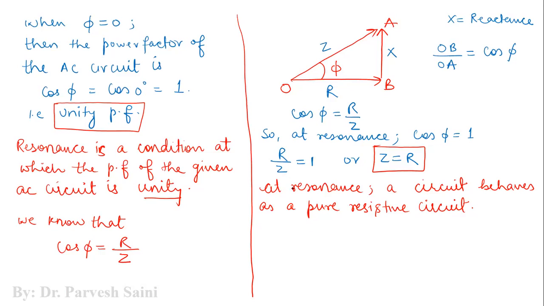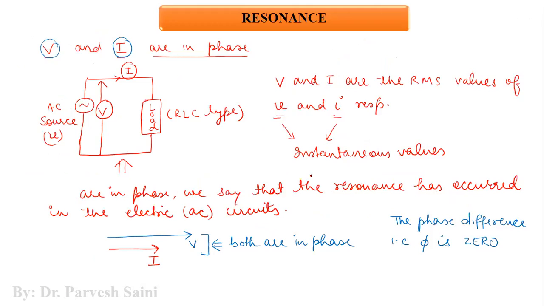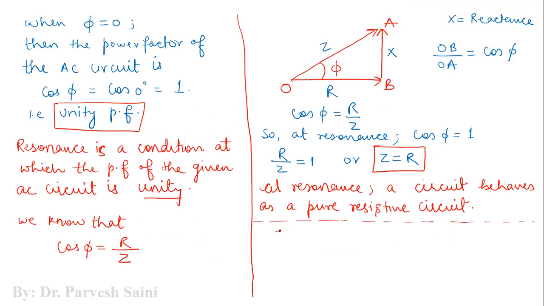Now, as far as admittance is concerned, if we have an AC circuit, which may be series or parallel, it doesn't matter. Z is equal to R plus JX, because Z is a complex number. And we have the admittance, which is given by G plus JB, where B is known as susceptance.